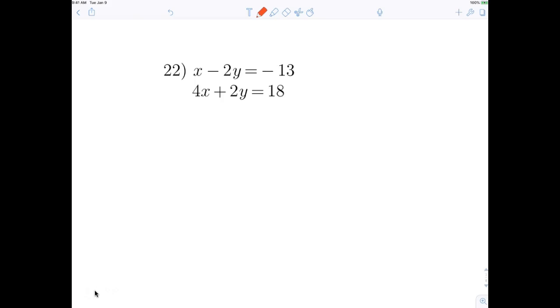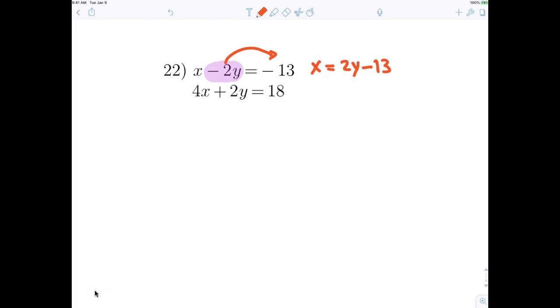The problem is that it's not set up as a substitution. When you do a substitution, it always has to be x equals or y equals. So look real carefully. This is in the wrong spot. So I need to move that negative 2y to the other side.